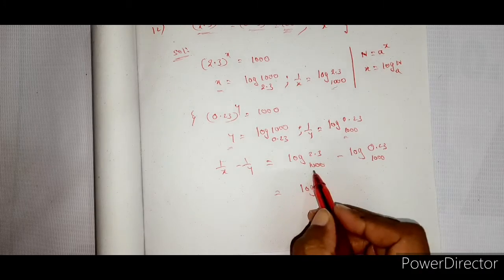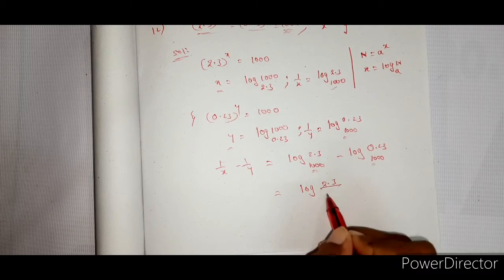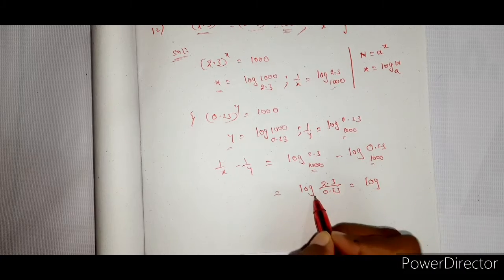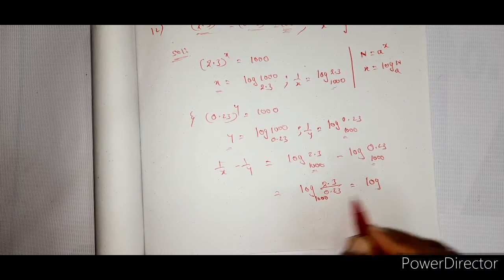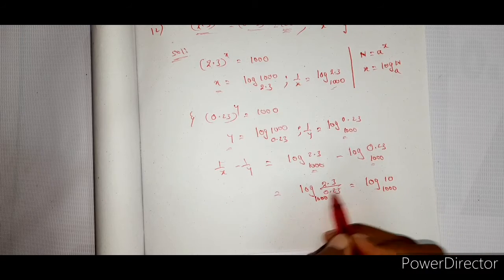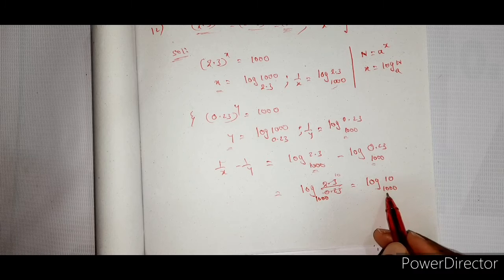Same base, therefore we can apply the formula. So 2.3 by 0.23 goes 10 times, with base 1000. So it is log 10 base 1000. Why? Because 0.23 goes 10 times in 2.3. Therefore log 10 base 1000.